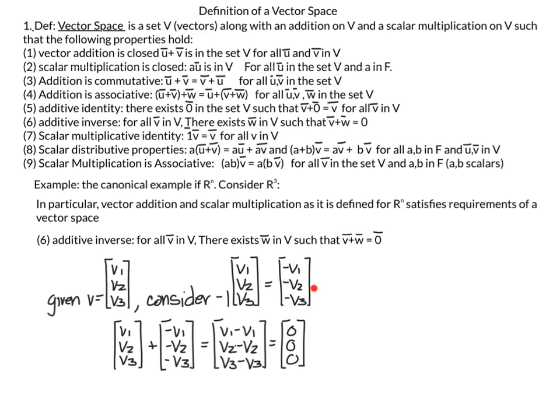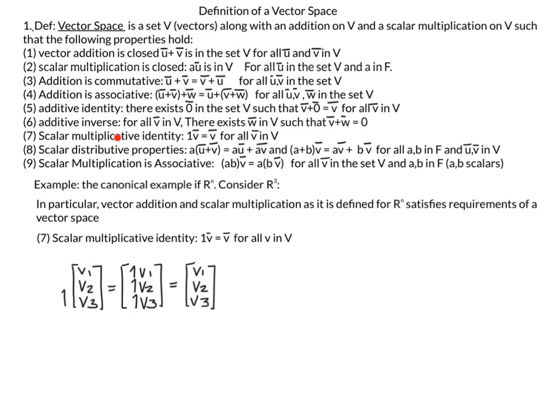This vector is going to be our additive inverse, what is called w in this line. So when we add v plus our additive inverse, we do component by component addition: v1 minus v1, v2 minus v2, v3 minus v3, so we get back the zero vector, or the additive identity that we found in step 5.